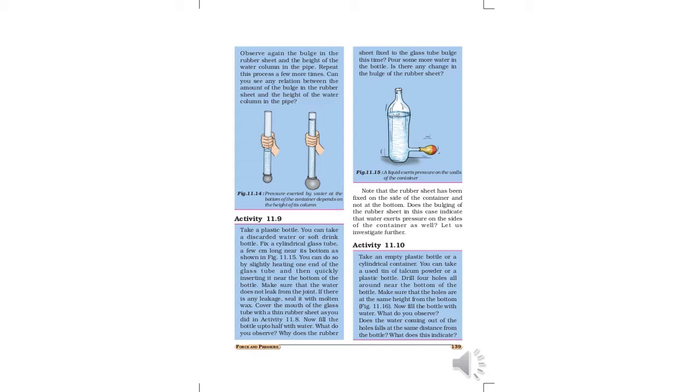At the tip of that glass tube or plastic tube, you can fix a balloon or rubber sheet, fill water and observe whether it is bulging. More and more water added, more and more bulging of the balloon. From this we can say that a liquid exerts pressure on the walls of the container.